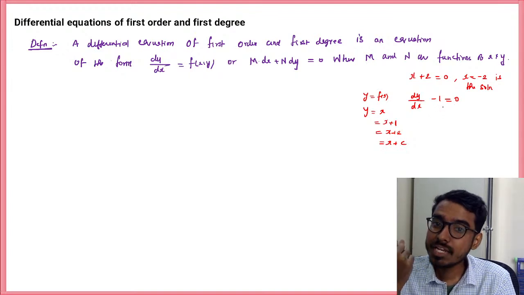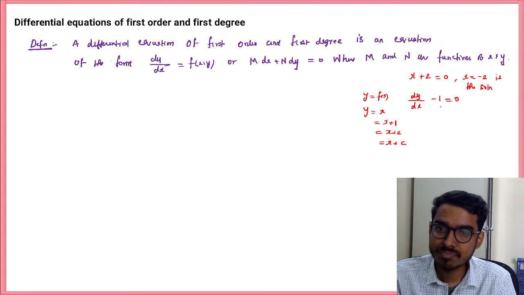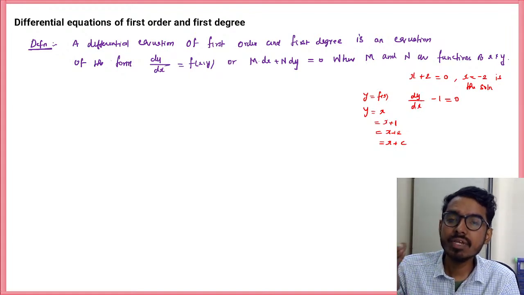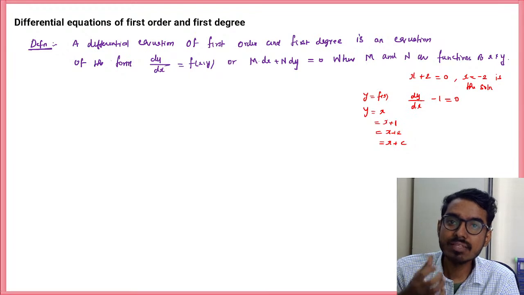So in differential equations, we have a family of solutions, so we put an arbitrary constant c. What we are doing in a differential equation is finding a function as a solution such that when you differentiate it and subtract 1, you get 0 as an answer.